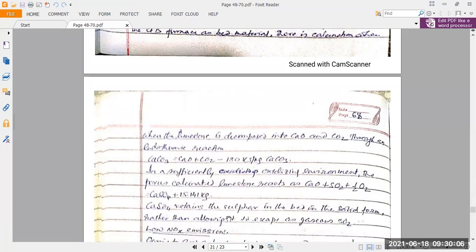CaSO4 retains the sulfur in the bed in solid form rather than allowing it to escape as gaseous SO2 or SO3, which would form acid like sulfuric acid and cause acid rain.